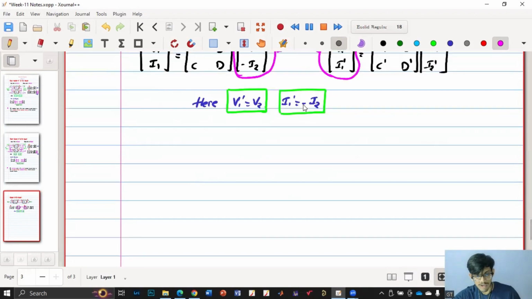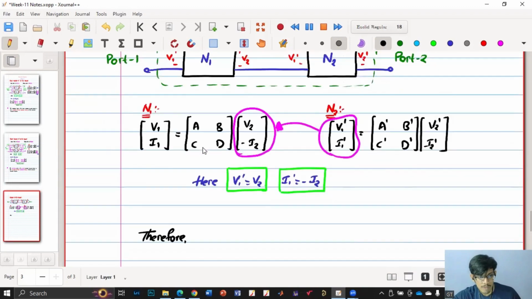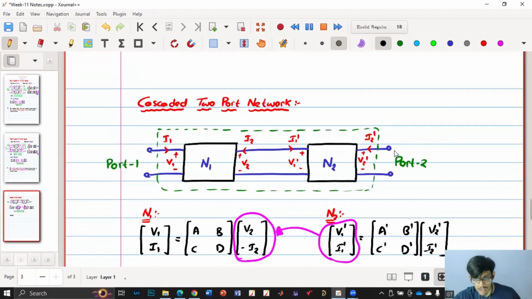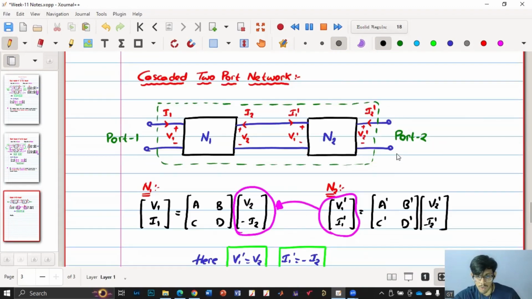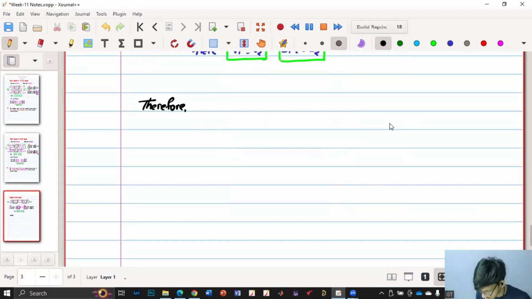So now we'll get, therefore, the input voltage current and this output voltage current relation. So let me just quickly write.